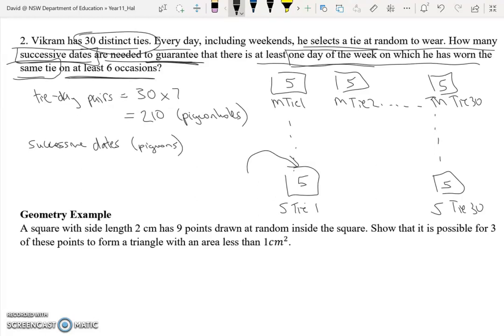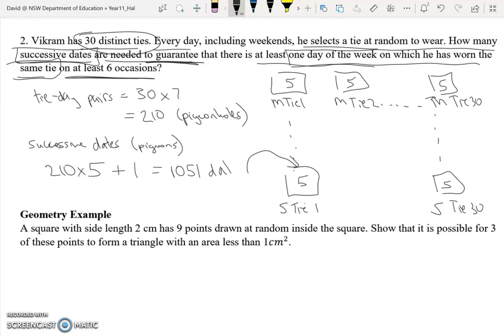So we want to know how many pigeons are required to guarantee that we'll have the same tie day pair for one of these on at least 6 occasions. Okay, so we're going to fill all the 210 pigeonholes with 5, and then we're going to bring in the 1 extra pigeon, the 1 extra date that will make it so that at least one of these will occur at least 6 times.